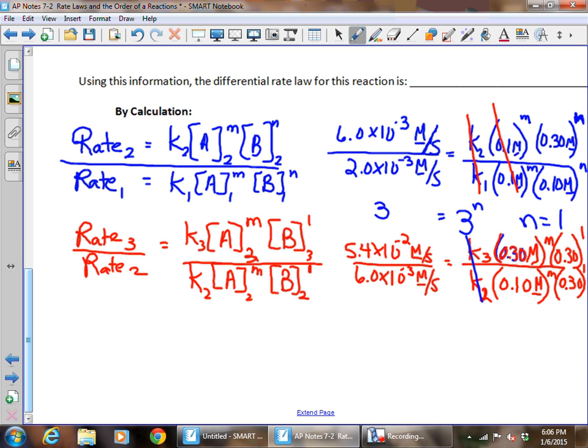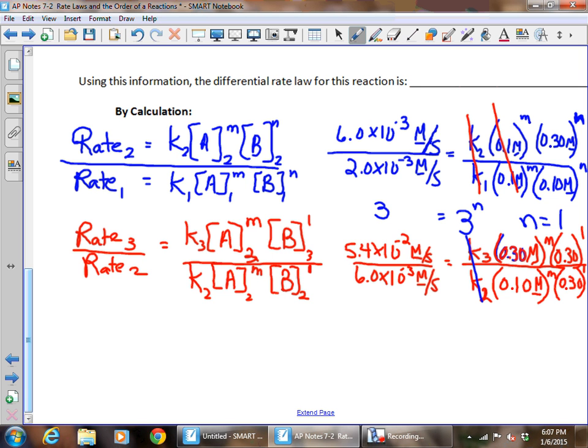So even if these did not cancel, and they will in this situation, you would be able to calculate the values, 0.3 divided by 0.3 or 0.3 divided by maybe 0.2, whatever the situation was, you'd be able to go ahead and calculate that and be able to still solve for m.